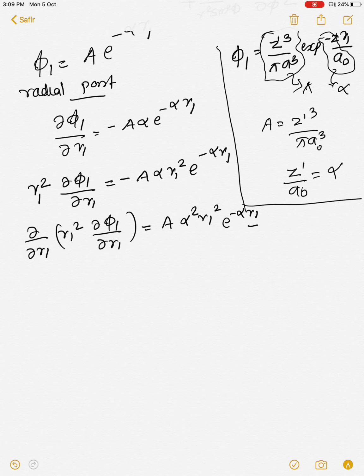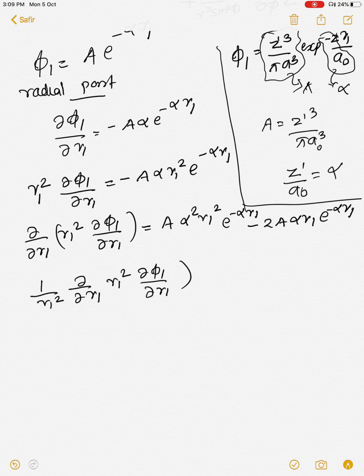plus, by the product rule, minus 2A alpha r1 e power minus alpha r1. Then dividing by r1 square, 1 by r1 square dou by dou r1 of r1 square dou phi 1 by dou r1 is equal to A alpha square e power minus alpha r1 minus 2A alpha e power minus alpha r1 by r1.